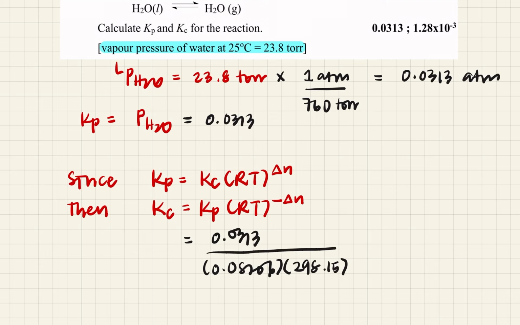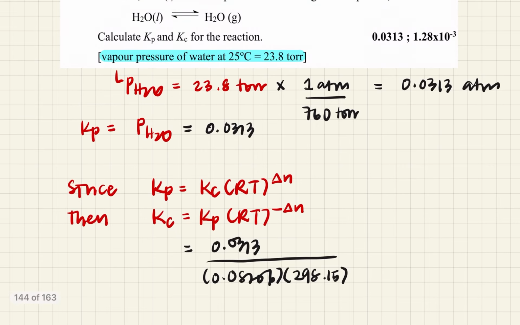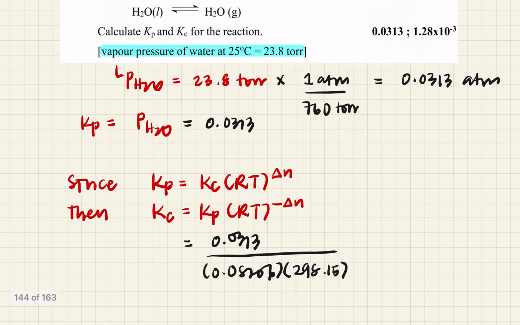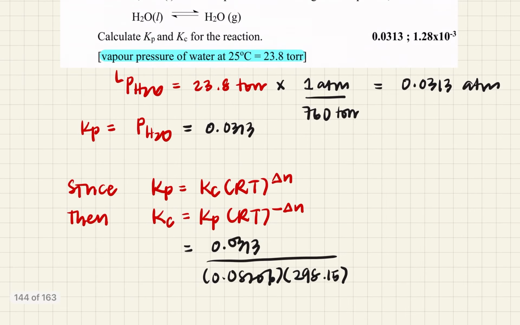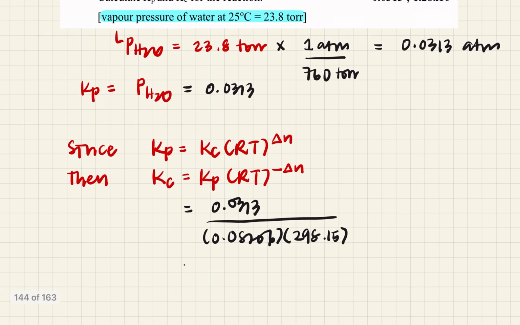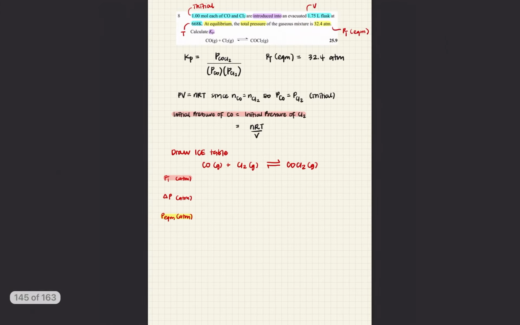Okay, so your delta n, you have to subtract reactant from product, so it will be 1 minus 1, so it becomes 0, so it's like it's not there, it will become 1, if I'm not mistaken. So this will be 1.28 times 10 negative 3. Okay, so you get your Kc. Alright, okay, next number 8.